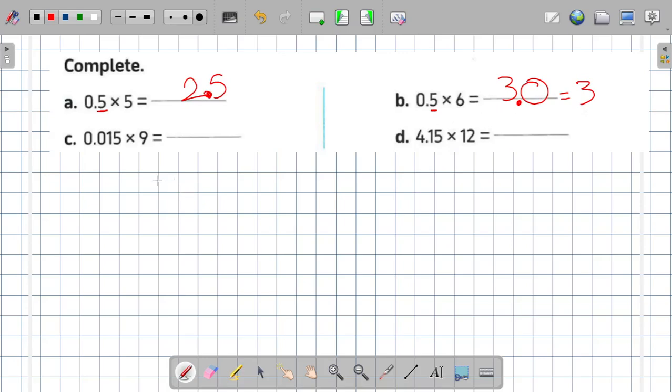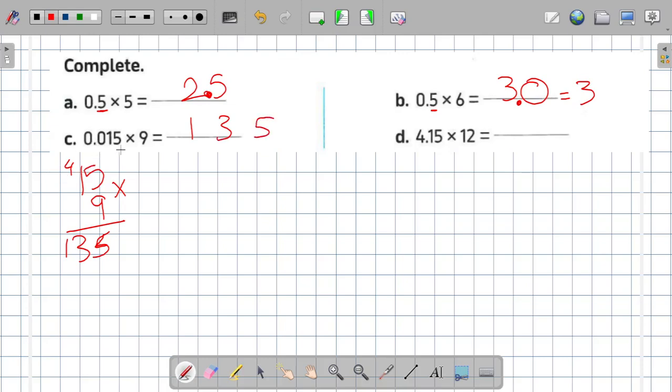Okay. Next, I want to multiply 0.015 by 9. So it will be like this. I will multiply 15 by 9 and get the result. So I have 5 by 9 equals 45. So I put 5 and carry up 4. 9 by 1 equals 9 plus 4 equals 13. So it will be 135. So I will put 135.